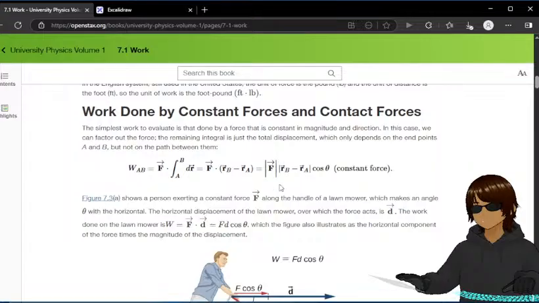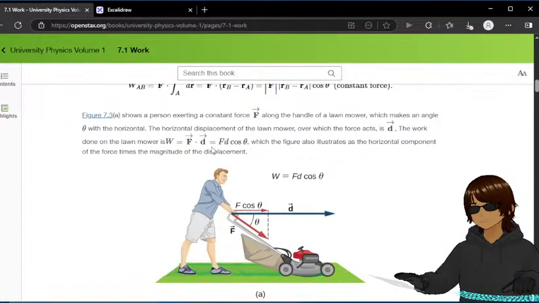So this is only possible if the direction was the same. Oh, no, no, no. Sorry. It's the constant force dot product rB minus rA. And then we take this.